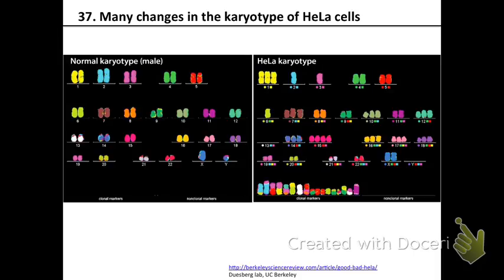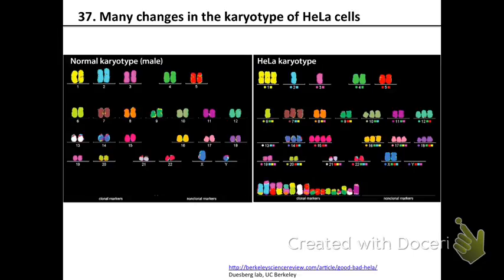So the idea that people have now, which is not proven, is that some of these changes are not making any difference for the cells. The cells have a high amount of damage and jumbling, which we call genome instability. Some of these changes are not making any contribution, but some of them are advantageous.